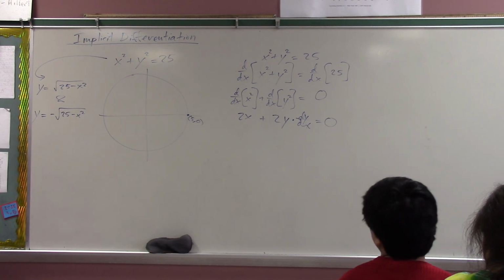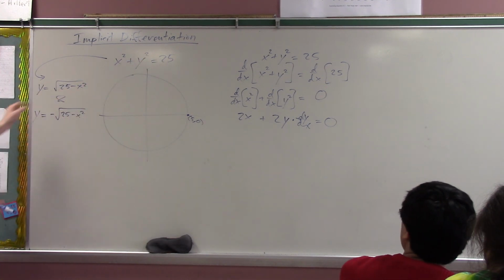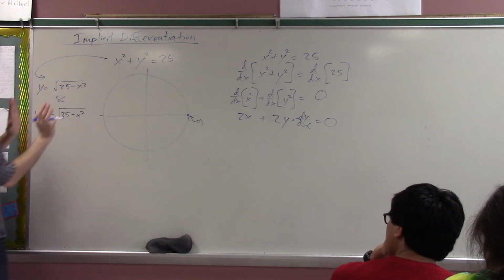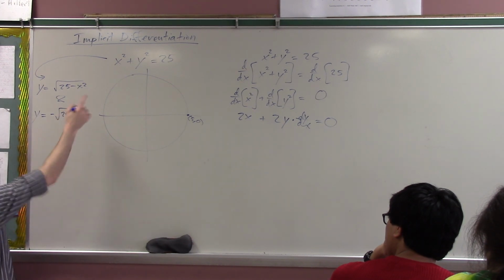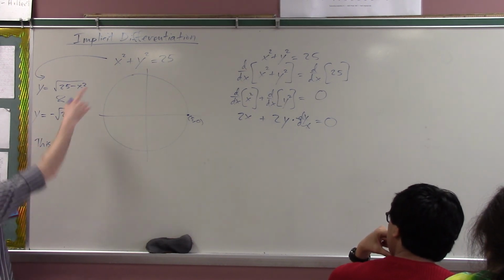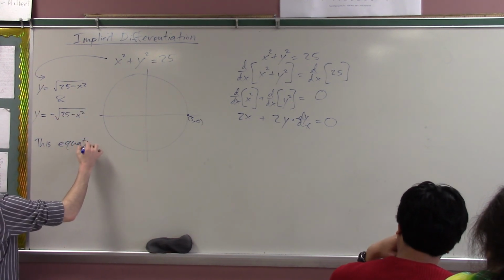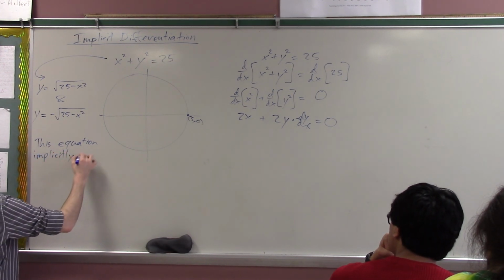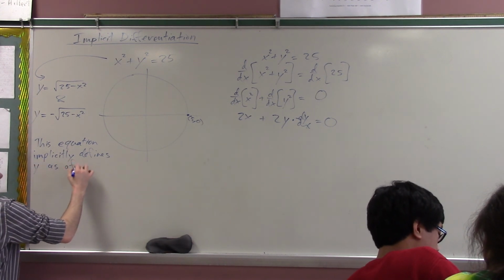Since it is possible, at least in this case, to express y as a function of x, in place of this y squared here, we could substitute this entire expression. But we don't want to do that because it's annoying and the algebra is difficult. What we say is that this equation implicitly defines y as a function of x.